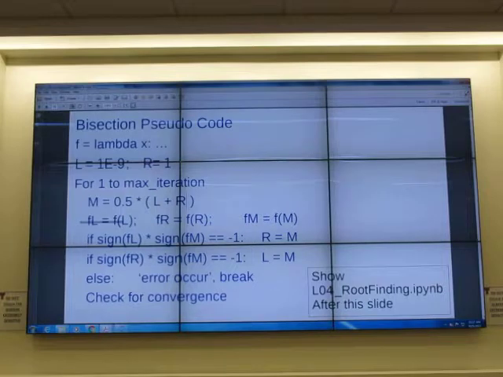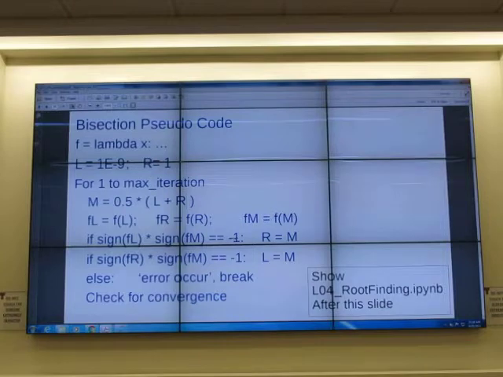Now, the sign can be minus 1 and 1, or maybe 0, but typically it's minus 1 and 1. If you multiply the signs of each other and the result equals minus 1, this means the answer is in that range.